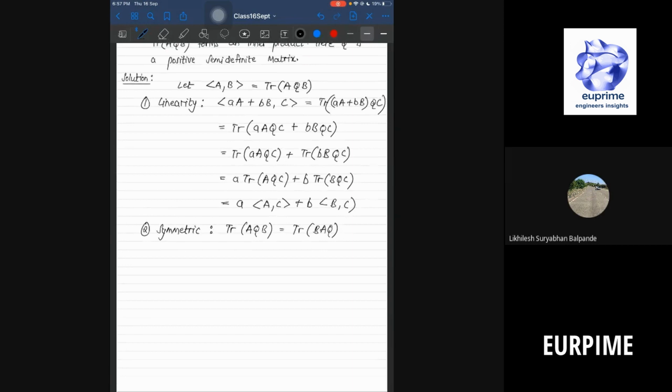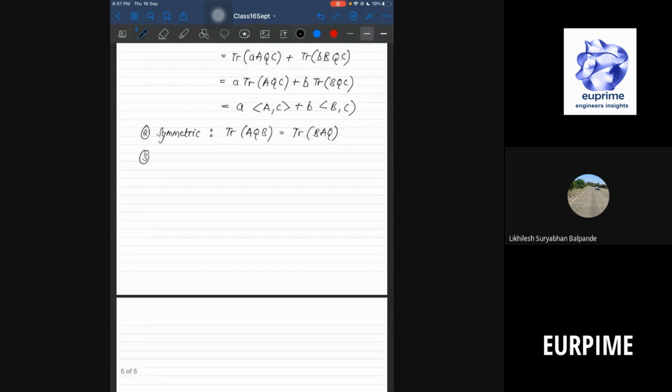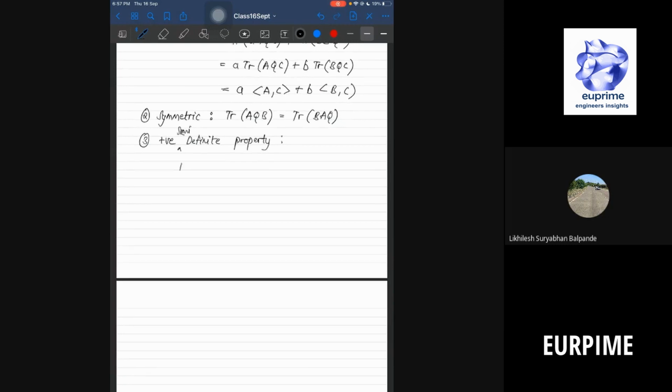But if we look at the third property, that is the positive semi-definite property, here the condition that has to be satisfied is trace of A transpose Q A should be greater than or equal to 0, and trace of A transpose QA is equal to 0 if and only if A is equal to 0.